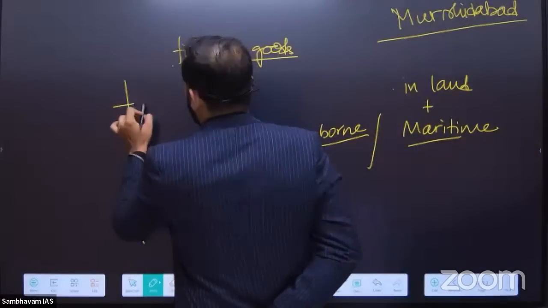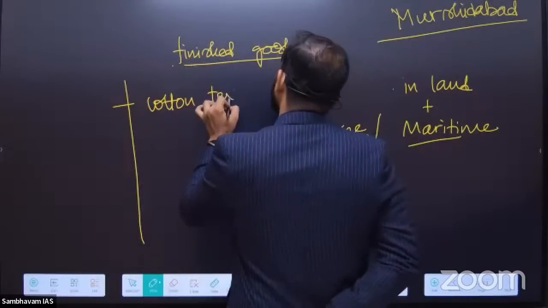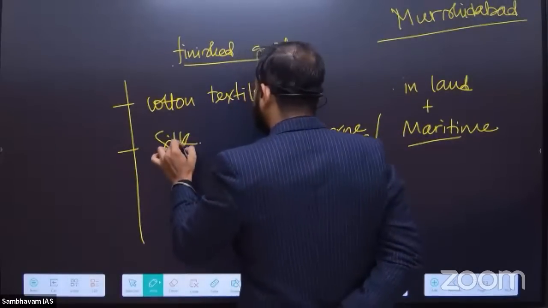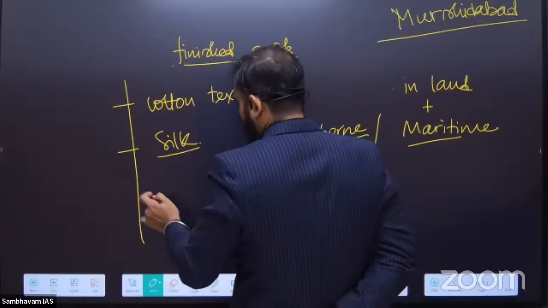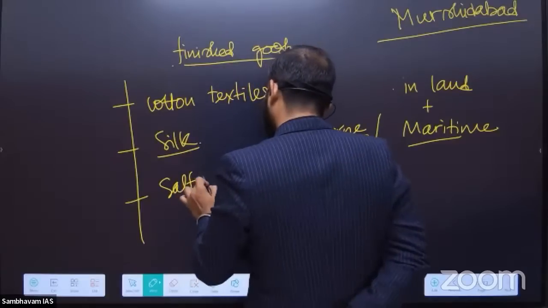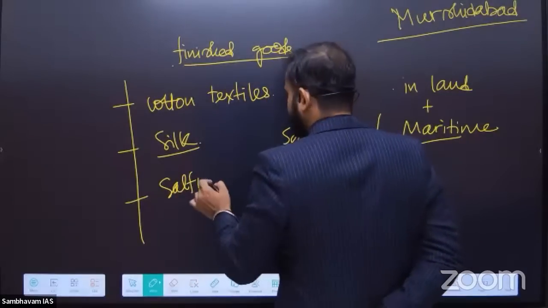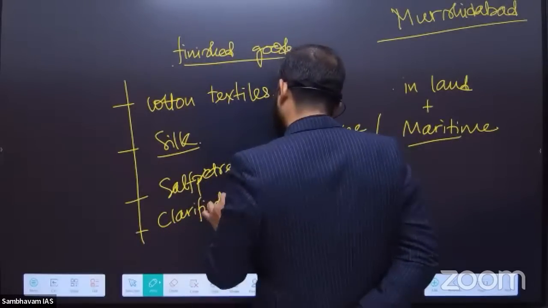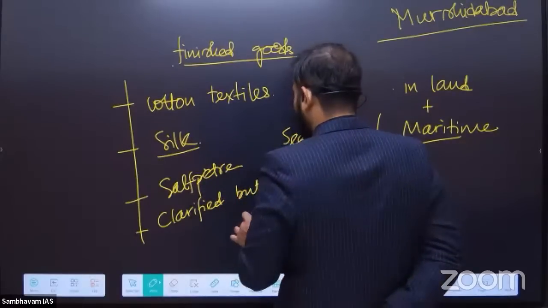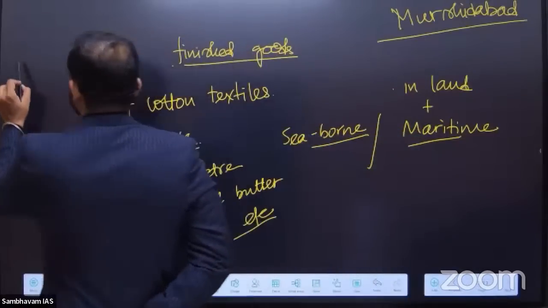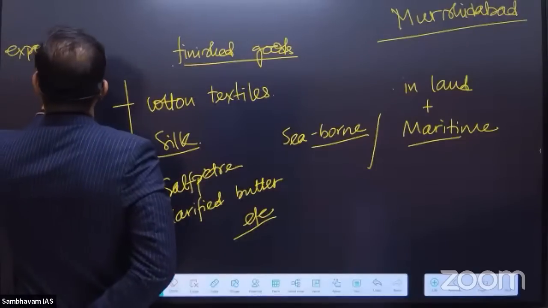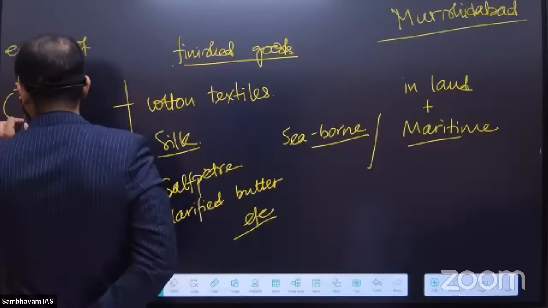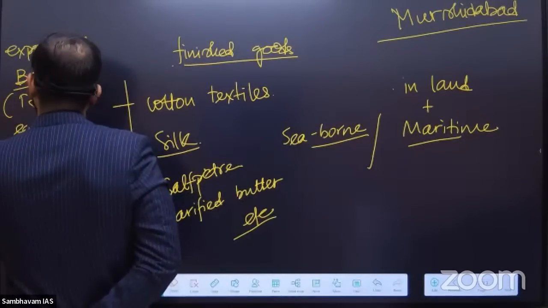Examples: cotton textiles, silk, saltpeter, clarified butter, etc. This list is the exports of Bengal of early 17th and early 18th century.